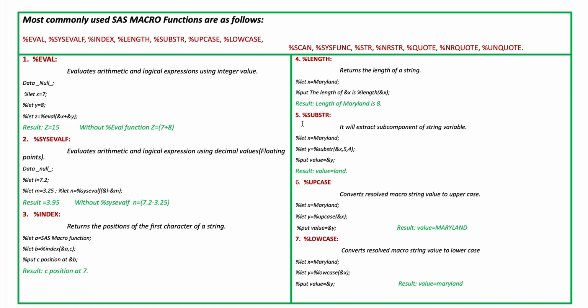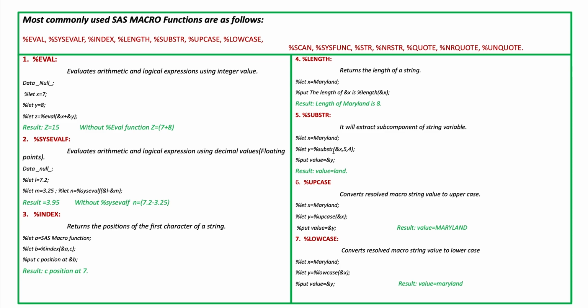Fifth one is %substr. It will extract a subcomponent of a string variable. That means it will extract a sub part of a string variable. Suppose we have the same macro variable x and value is Maryland, and we are going to create another macro variable y by using the %substr function.